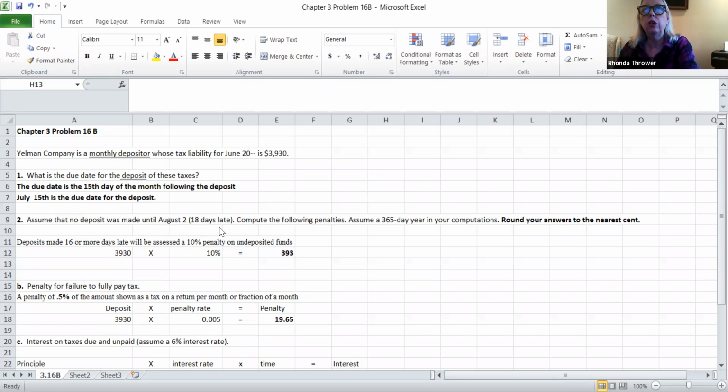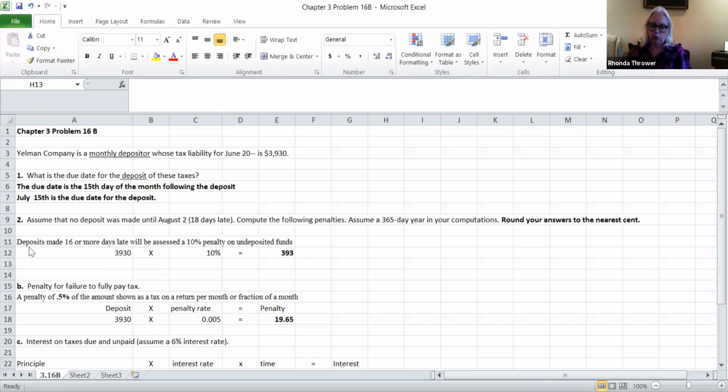And what they want you to do is compute the following penalties. And we have to assume that there's a 365-day year in your computations. So what you need to do is look at the rule in your textbook where it talks about late deposits. I'll get my textbook out here and see if I can find the actual page where that is, so you can refer back to it in your textbook.